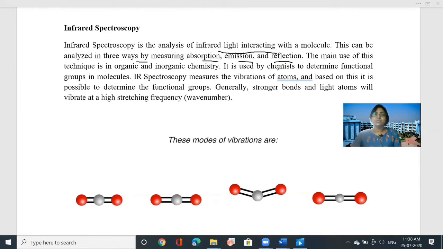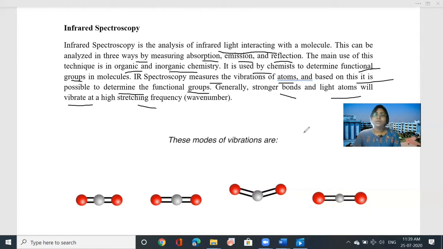The main use of this technique, in organic and inorganic chemistry, is by chemists to determine functional groups in molecules. IR spectroscopy measures the vibrations of atoms, and based on this it is possible to determine the functional groups. Generally, stronger bonds and light atoms vibrate at high stretching frequencies.